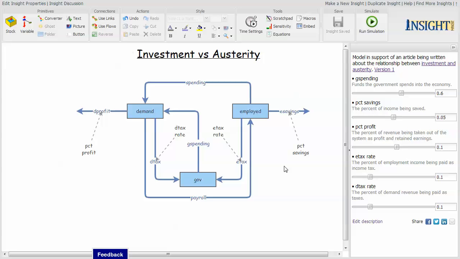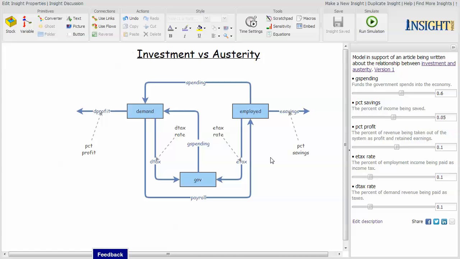What I came to understand from the model is that if the government doesn't increase its spending to accommodate what's being taken out of the economy by savings and profit and things that are invested in places which essentially take money out of the flow, then you're going to end up with a decline in employed, simply to get the circulation to balance.